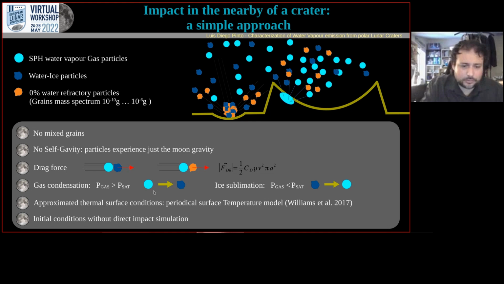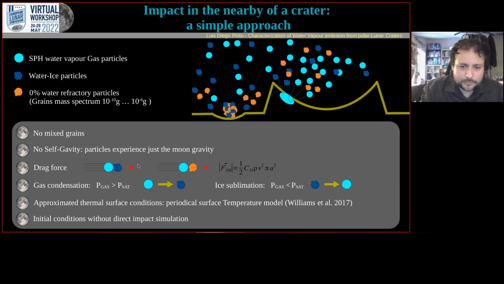Water ice may condense or, vice versa, the water ice may sublimate, converting into gas according to the ratio of the local gas pressure and the saturation pressure, plus some thermal condition given by a simple surface model, which we use here to schematize a periodical surface thermal model, rather than the complex mesh grid scheme we aim to use.